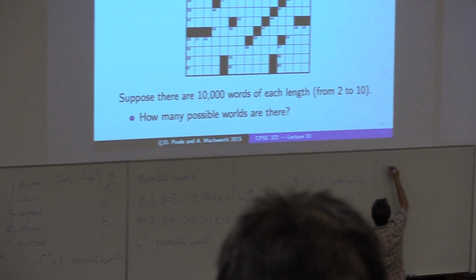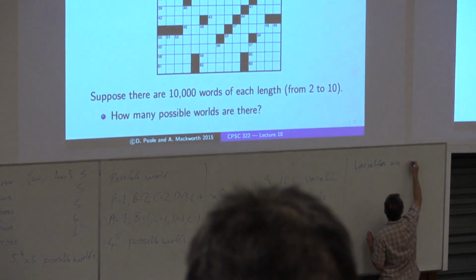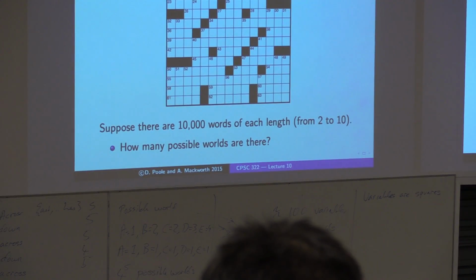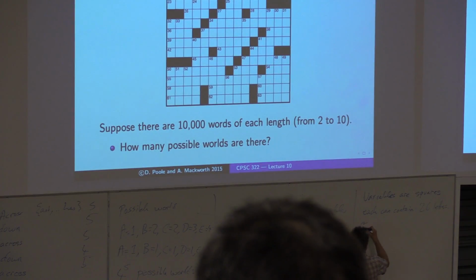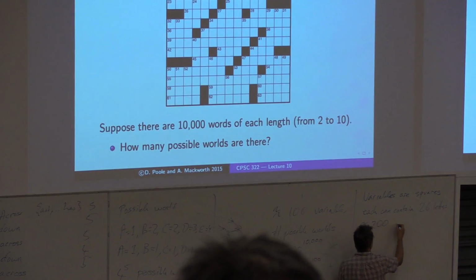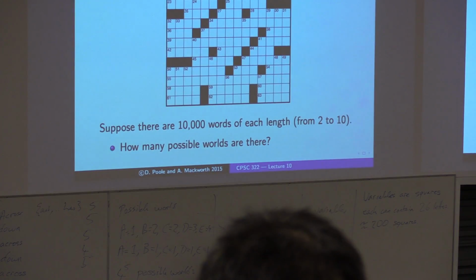If the variables are the squares, and each can contain one of 26 letters, then there are approximately how many squares? Approximately 200 squares.